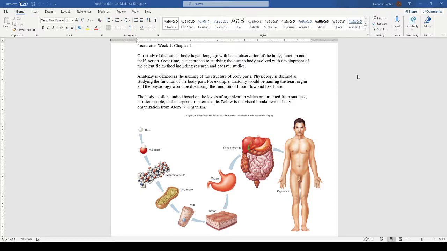And those chemical reactions are determined by physics. Okay, so the basis of everything in anatomy and physiology always goes back to the atomic level, and it always ends up coming back to physics, chemistry, and biochemistry. Okay, so to highlight here, everything we'll discuss stems from actions at the atom level.